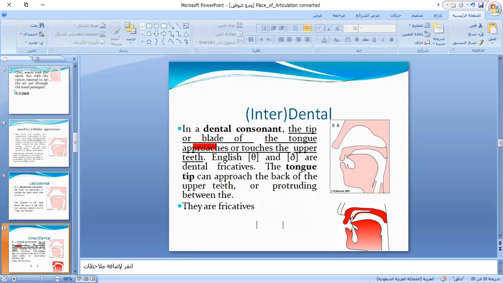The tongue tip can approach the back of the upper teeth or protrude between them, enter between them. Try both. Either they touch the back of the upper teeth, or the tongue comes between the teeth. They are fricatives also.